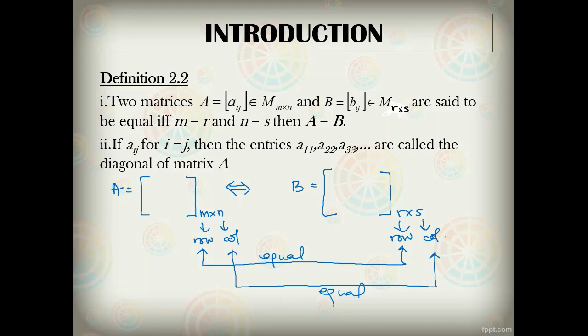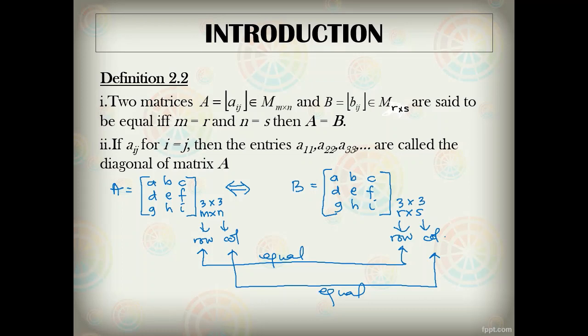For example, if you have matrix A with A, B, C, D, E, F, G, H, I, where this is 3 by 3 because you have 3 rows and 3 columns, and matrix B also has elements A, B, C, D, E, F, G, H, I, so matrix B also has 3 rows, 3 columns.